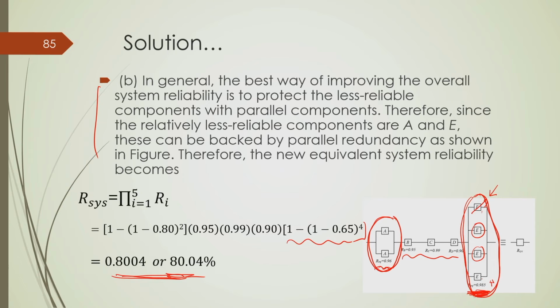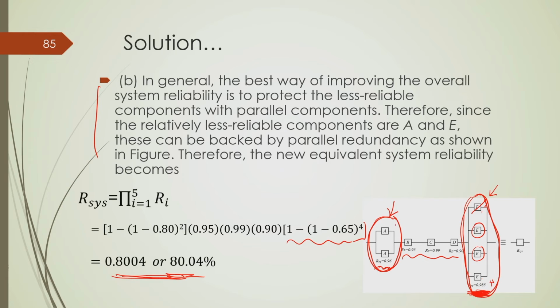How many components of A or E we will be using will be by trial and error. You keep increasing component E so that you get a very high value of the individual reliability level.